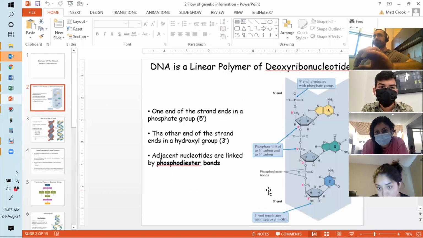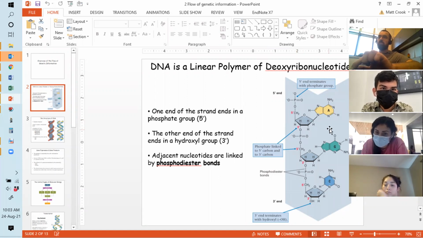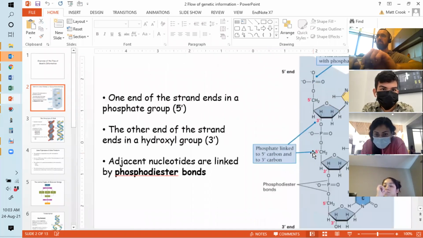That's a better view. So the 5-ring ribose sugar, which is part of the backbone, you count the carbons clockwise from the oxygen. So the first carbon is here. You can't see it because we don't put all of the atoms into these models. The first carbon is where the nitrogenous base is attached. Second carbon doesn't have anything in DNA. It does in RNA, but we'll get to that later.